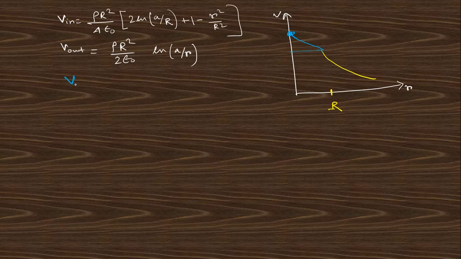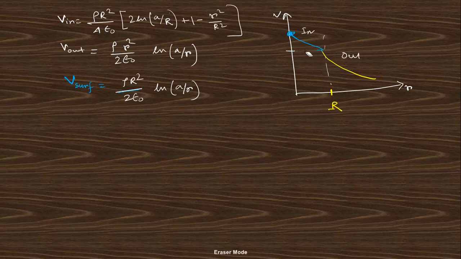For the surface, V surface is nothing but rho r square, V out, this was smaller. This is capital rho r square by 2 epsilon naught ln A by R. So at the surface, rho r square by 2 epsilon naught ln A by R, and inside the variation is like that, and outside. So this is in, this is out.